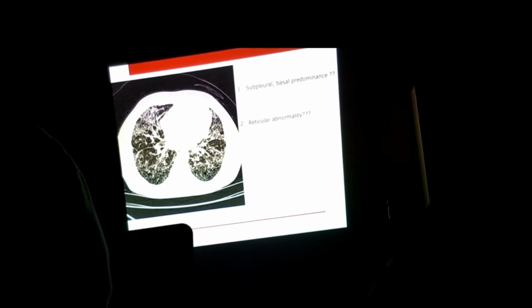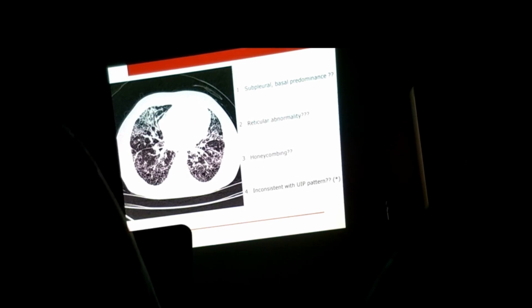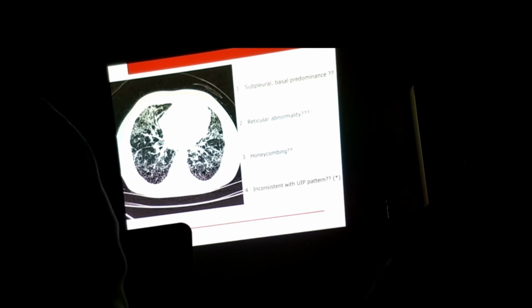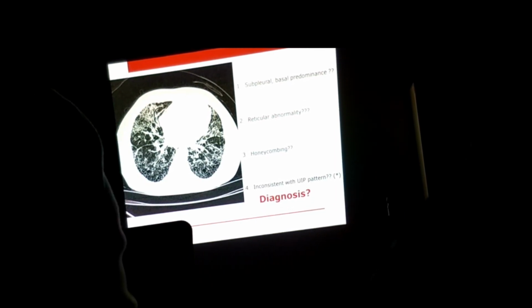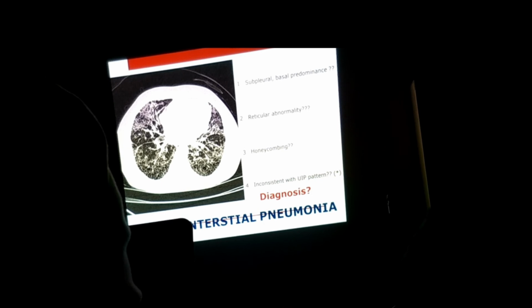This is reticular abnormalities. Honeycombing? Yes. Any feature which is inconsistent with UIP pattern? No. So what is the diagnosis? This is usual interstitial pneumonia.